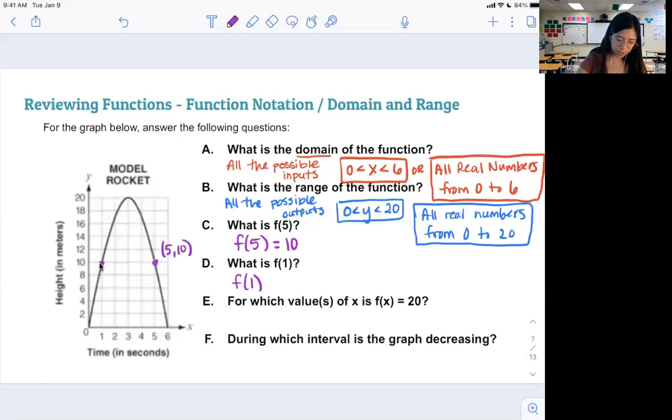I'm at 1, 10. So when the input is 1, the output is 10. F of 5 equals 10. F of 1 also equals 10. Questions on those two? This is function notation right here.